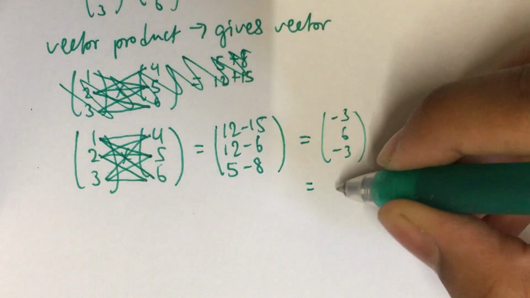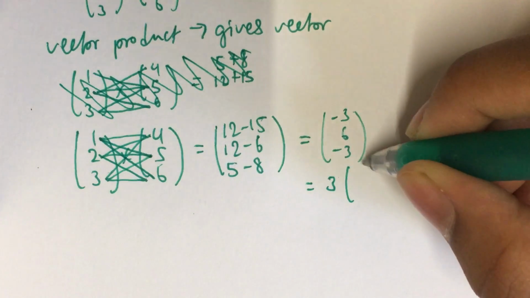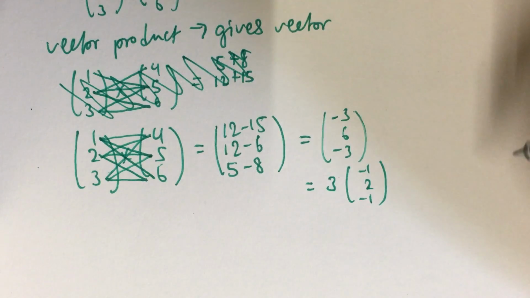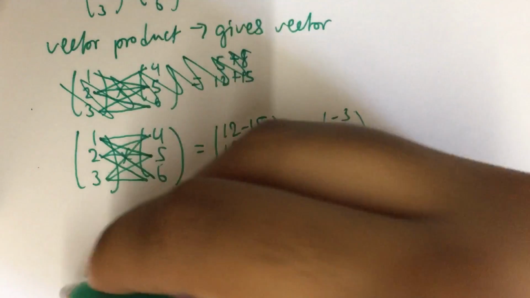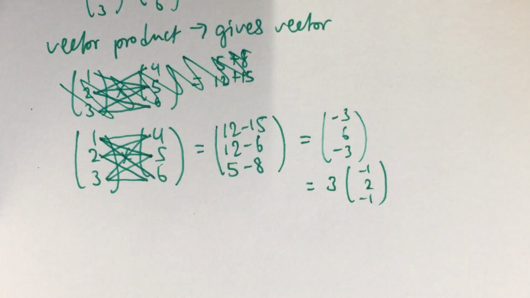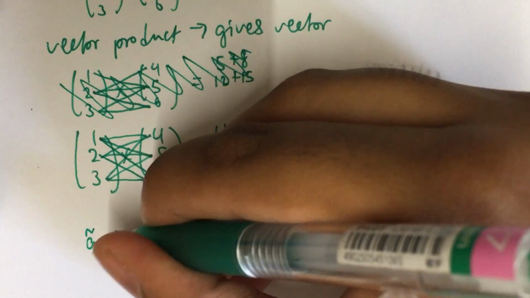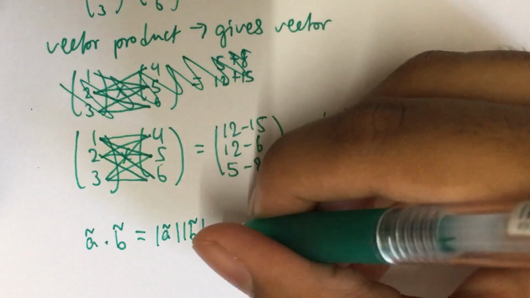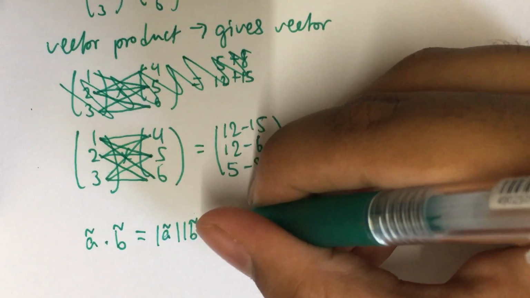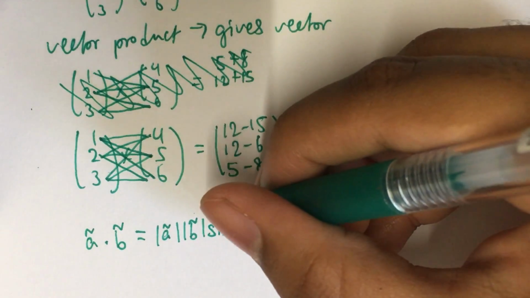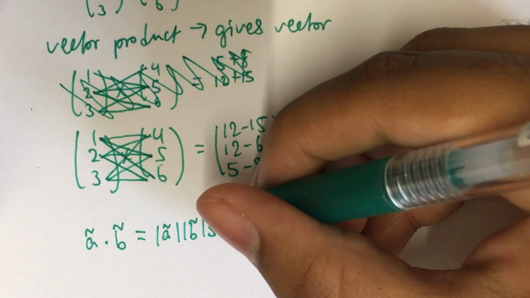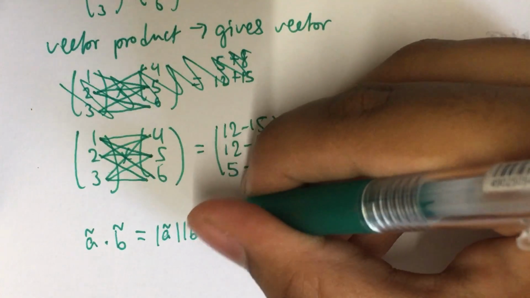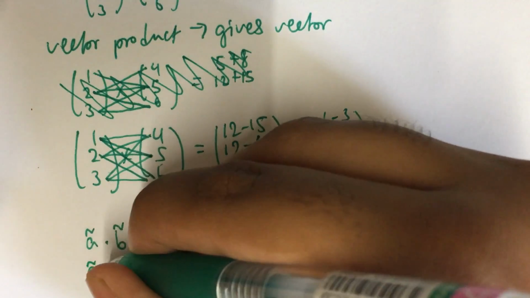If you took A dot B and you don't know the numbers, you would be getting the magnitude of A times the magnitude of B times cosine theta, which is the angle between A and B. But for A cross B, if you get the magnitude of A cross B, you will be getting the magnitude of A times the magnitude of B times sine theta, where theta is the angle between A and B.